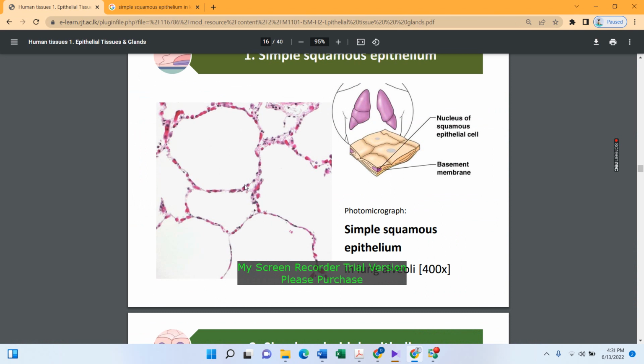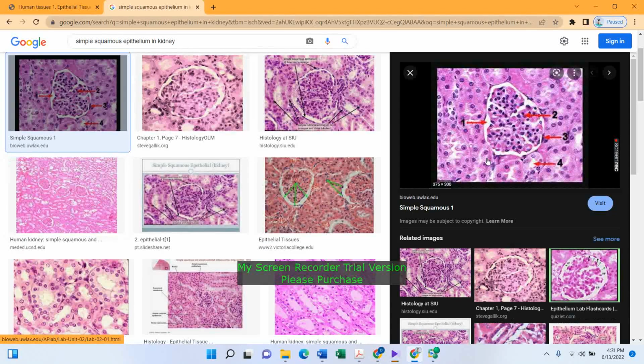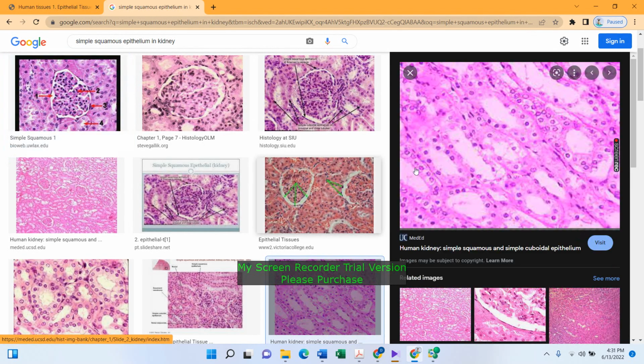So these are the epithelial cells. They are tiny here. So if we take a simple squamous epithelium, you can see that we have to figure out that it's got a flattened nucleus and flattened type of cell.